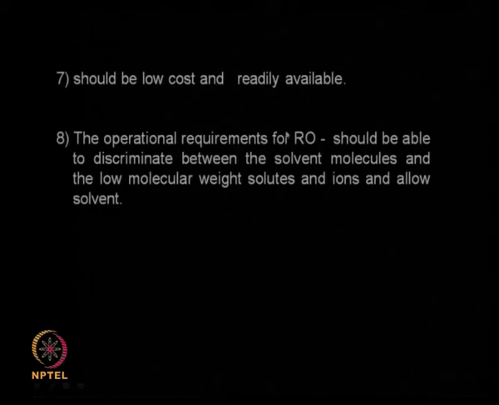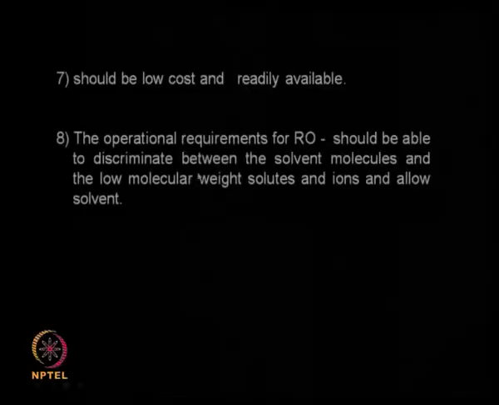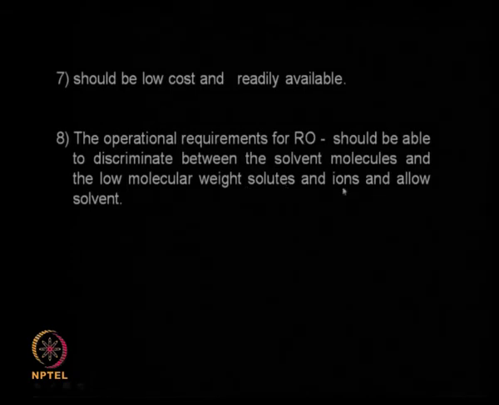If we take a reverse osmosis membrane where we are removing dissolved monovalent salts, where we are applying very high pressure, it should be able to discriminate the low molecular weight solutes and ions from the solvent. So the solvent should be passing through the membrane, whereas these very small ions or low molecular weight solutes should be retained by the membrane.